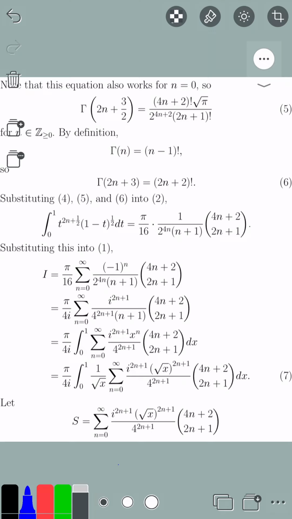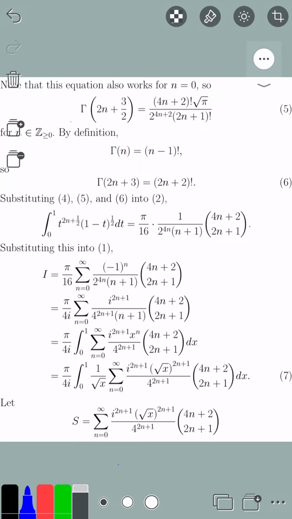And well, we said that that formula is true for n larger than or equal to 1, for positive integer values of n, so 1, 2, 3, 4, 5 and so on. But we also need to consider the case when n is equal to 0.